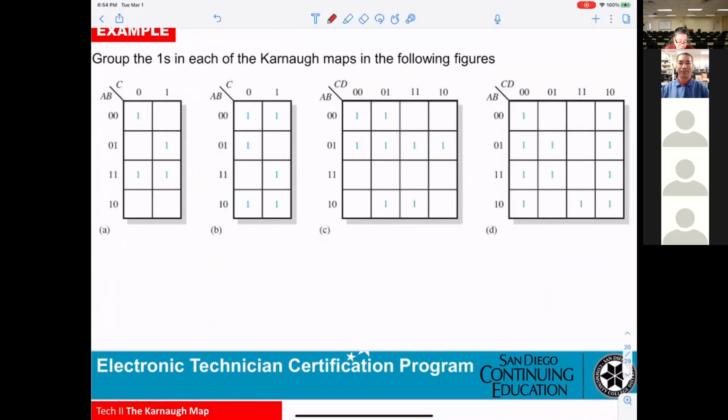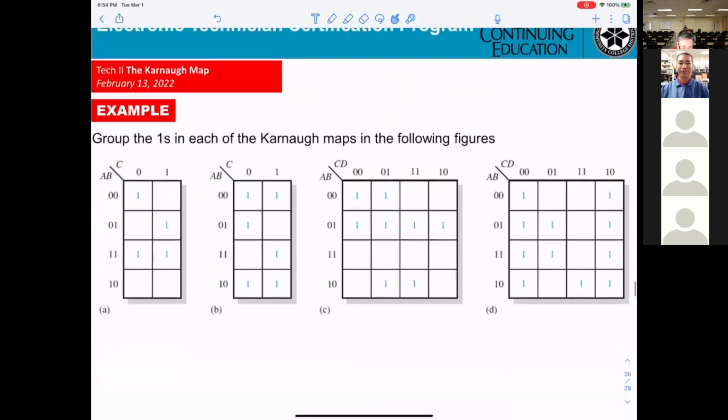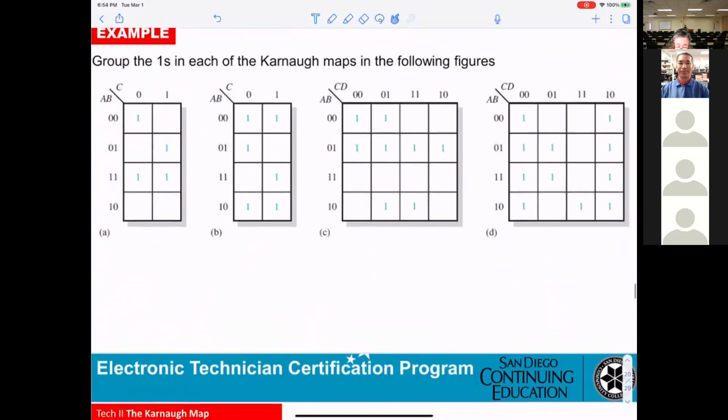First, for the grouping, I can try to loop a 1 without any adjacent ones. If you're looking at this one right here, the 1 here has only one line here.